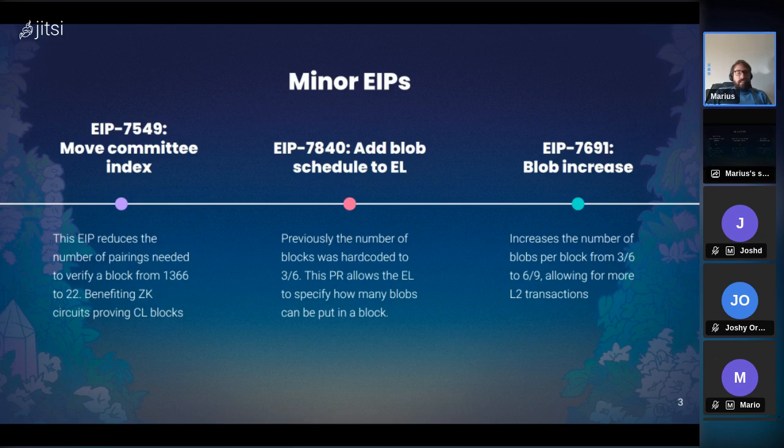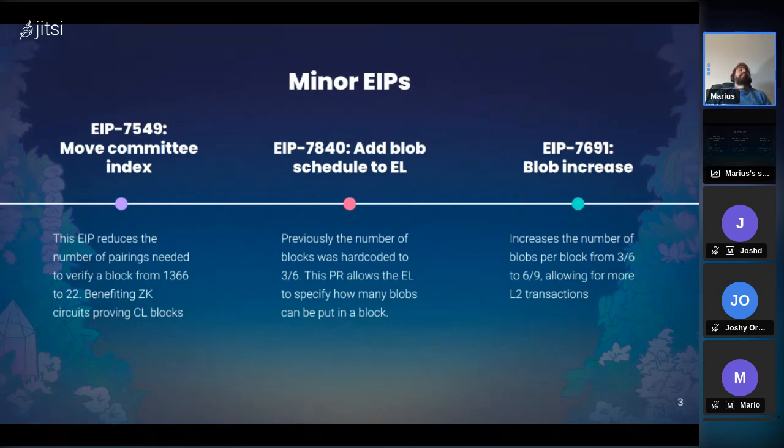If the number of blobs in a block is less than the target, then the fee will decrease. This PR allows the EL to specify how many blobs can be put in a block. Previously, as I said, this was hard coded. It's more like a tiny change, not really important.